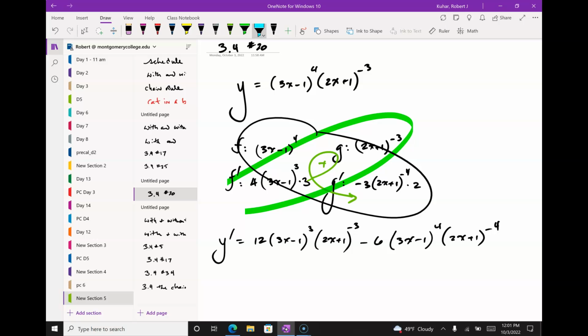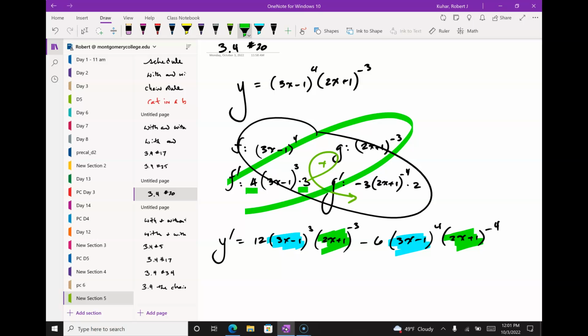For my green factors, what's the smallest exponent I have? Three. For my blue ones, what's the smallest exponent I have? Jack? Yes.